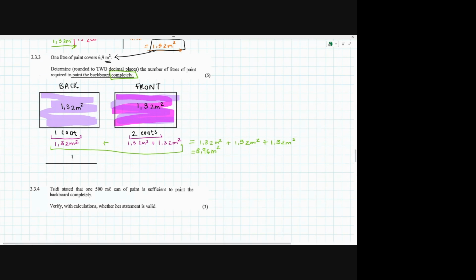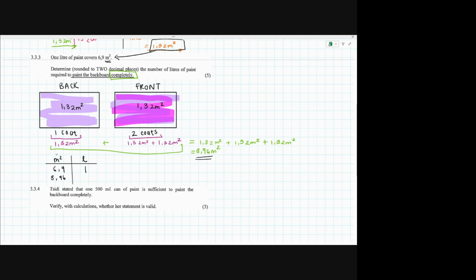So remember, think about the 2 units you're working with. You're working with your area, meters squared, and the liters of paint that you need. So you write down your conversion first. 6,9 meters squared covers 1 liter, or 1 liter covers 6,9 meters squared. And we are going to write under the meter squared heading the area I need to paint, 3,96.